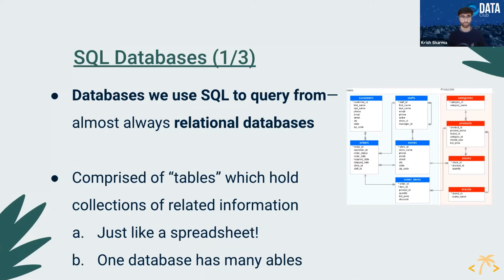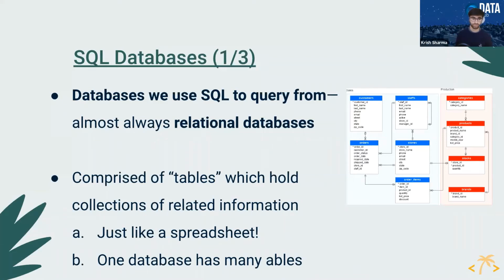Oftentimes when you visualize these databases, they look exactly like a spreadsheet. You'll have your columns, which have the information for a certain attribute, and your rows will be certain instances that have information about those attributes. Referring back to this example of Facebook posts, each individual row would be a post, and each column would contain the corresponding information for that post.